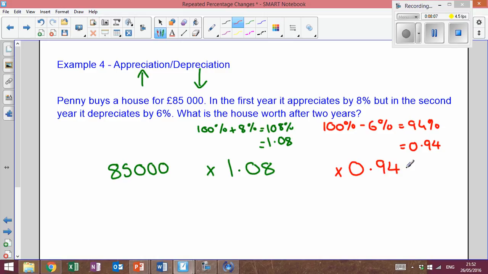Notice how we can't do the powers now because the numbers are different. So we do 85,000 times by 1.08 and immediately followed by 0.94, which gives us 86,292. Okay, and that's you. Now that's repeated percentage change.